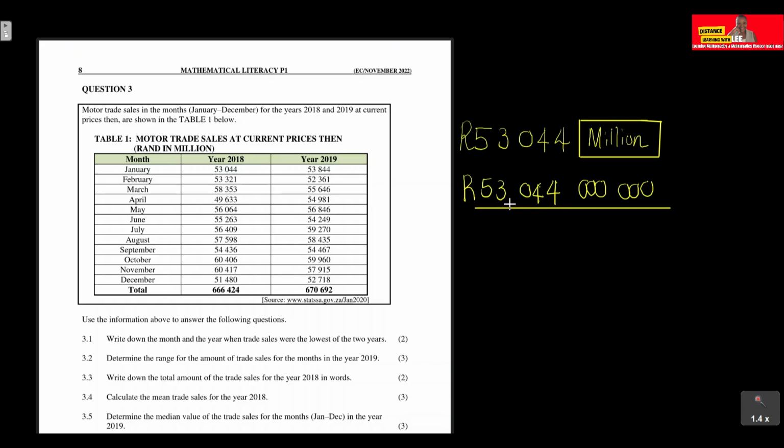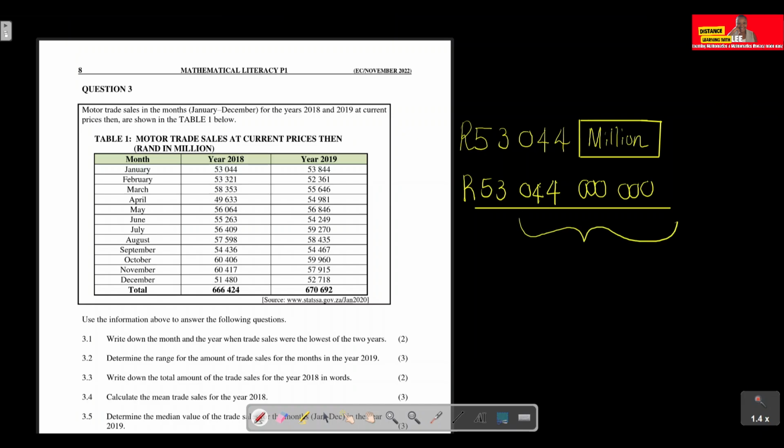So if we had to now literally read out this whole value, taking into consideration the million that we've included, what would this value actually be, right? This value then is actually 53 billion. Why am I saying it's 53 billion? Because we see that here we've got 1, 2, 3, 4, 5, 6, 7, 8, 9 digits that come after the 53. Okay, so that tells us that if we had to read out this whole value, it would be 53 billion, 44 million.